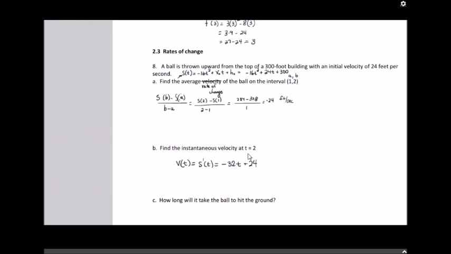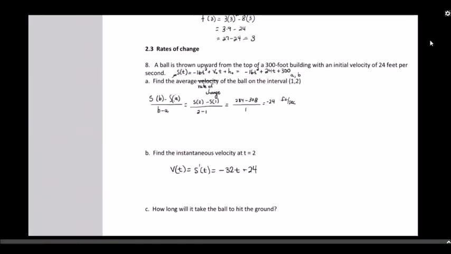What I'm doing is just taking the derivative of the position function here. The negative 32t comes from 2 times negative 16 and then decreasing the exponent by 1. And then the 24 comes from the derivative of 24t, which is just 24.